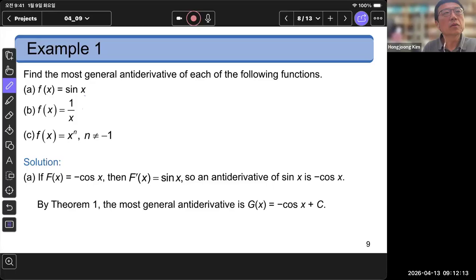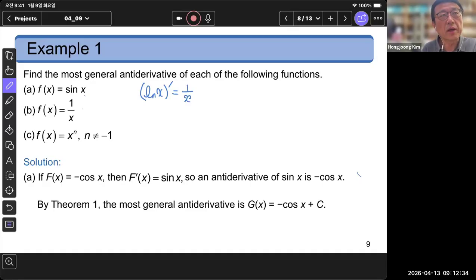First of all, if you see this 1 over x, and if you remember the logarithmic function, the log x, once differentiated, you get 1 over x.